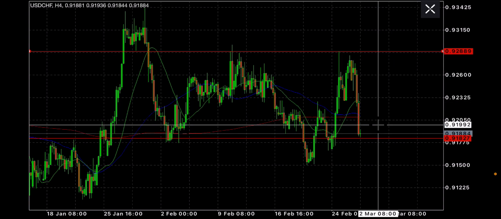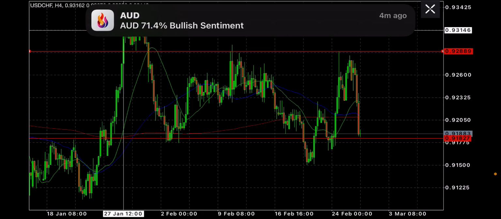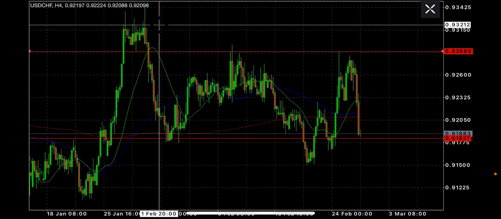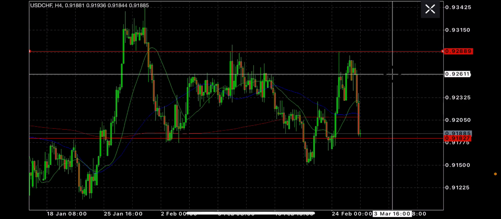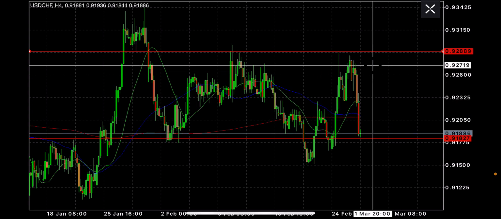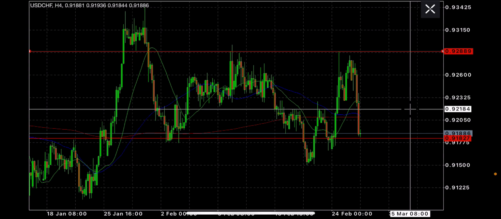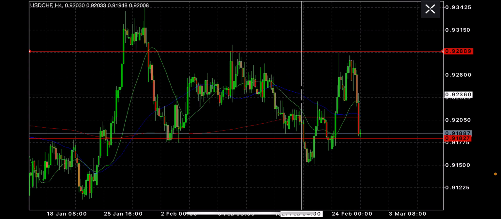We'll probably have slight breaks in it, like you see right here, and right here, and right there, before it continues to go in this direction. But 9 times out of 10, it looks like we're just going to be bouncing, bouncing, bouncing. The only way that will be avoided is if we have a fundamental shift in either our USD or our Swiss franc pair. Okay, so with that information, happy trading.